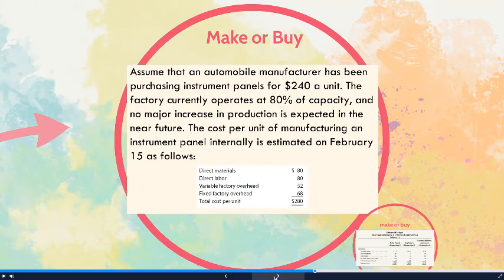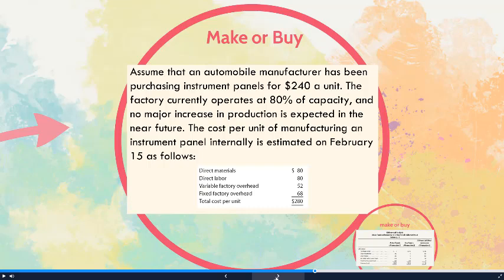Another decision that managers have to make is whether to make a product or to just buy it. Some things we have to consider are, first, does the factory have the capacity to make additional products? And if we do decide to buy it, can this empty space be used to produce something different?